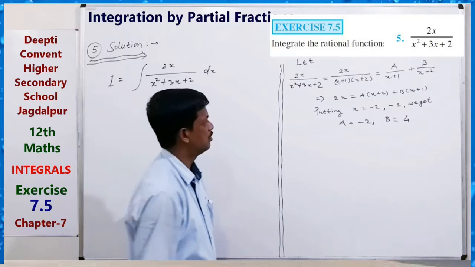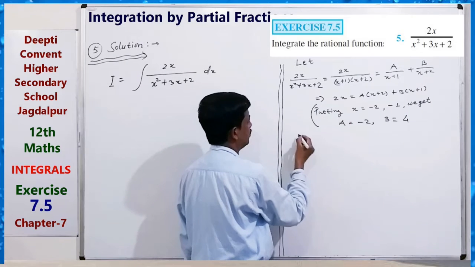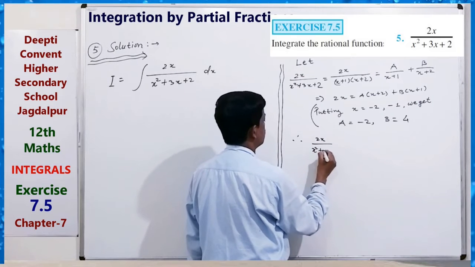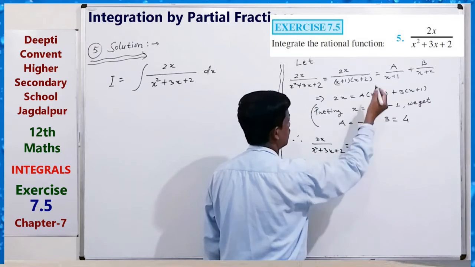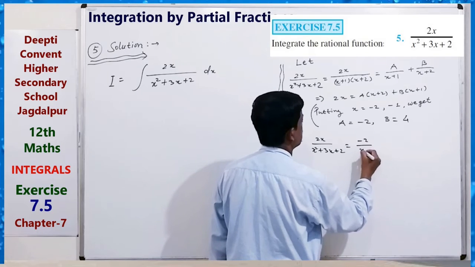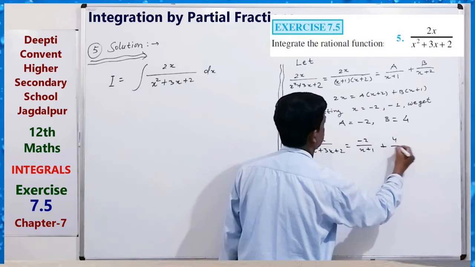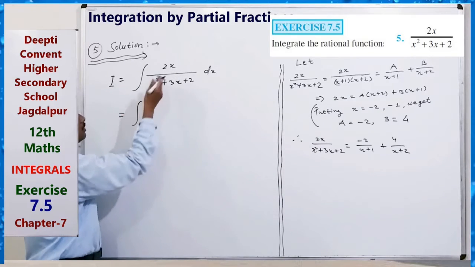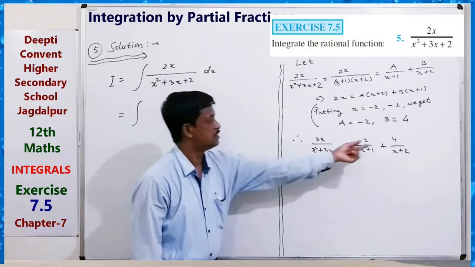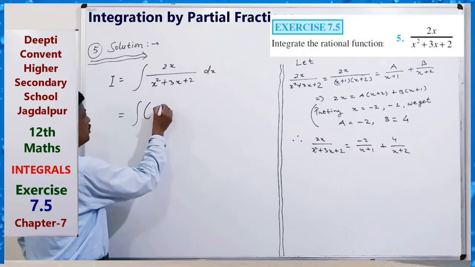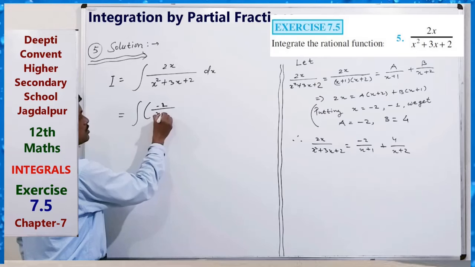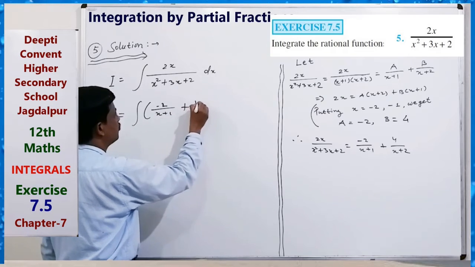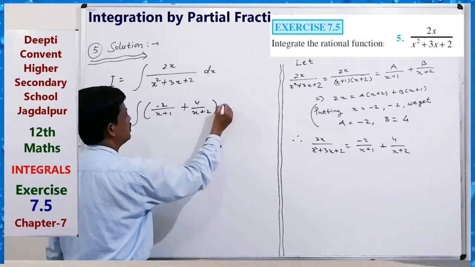You can put the values and get them. Therefore, 2x upon x square plus 3x plus 2 equals, with a being minus 2, minus 2 upon x plus 1 plus 4 upon x plus 2. So using these values, we can write this integration as the integral of minus 2 upon x plus 1 plus 4 upon x plus 2 dx.